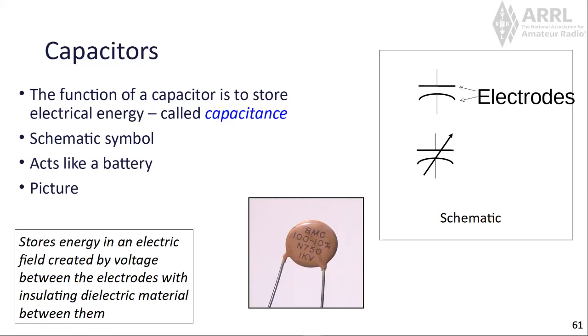Like on this one right here, the lower line of lettering there says 1 kV. That means that capacitor is rated for 1 kilovolt, 1000 volts. If you put a higher voltage than that on that capacitor, it will likely short out across the dielectric between the two plates and ruin the capacitor. Okay.